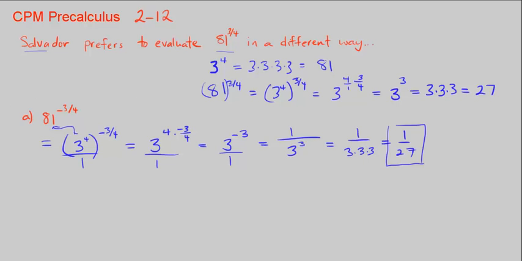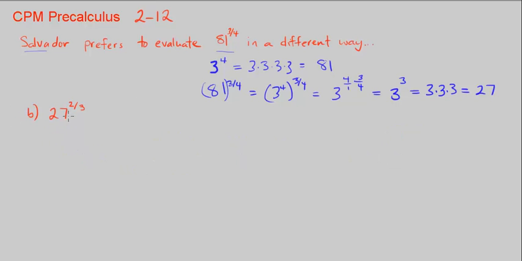Part B, we're asked now to evaluate 27 to the 2/3 power. Well, what's another way we could evaluate this? Well, Salvador's way was to kind of break up the base into something else. So what is 27?